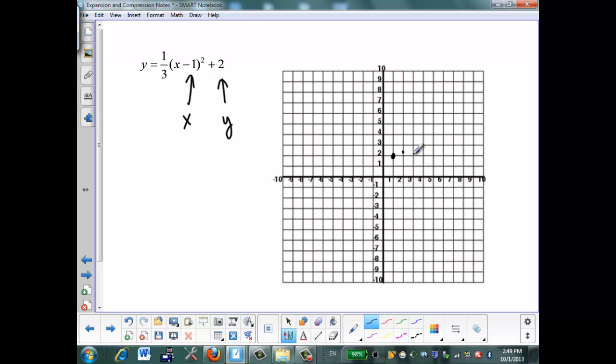Normally we'd go over 2 up 4, but we're going to multiply that by 1/3, so we're going to go up 4/3. Normally we'd go over 3 up 9, and 1/3 of that is going to be 3. And we do all of the same thing going in the other direction. So as a result, our graph gets wider than my regular y equals x squared.